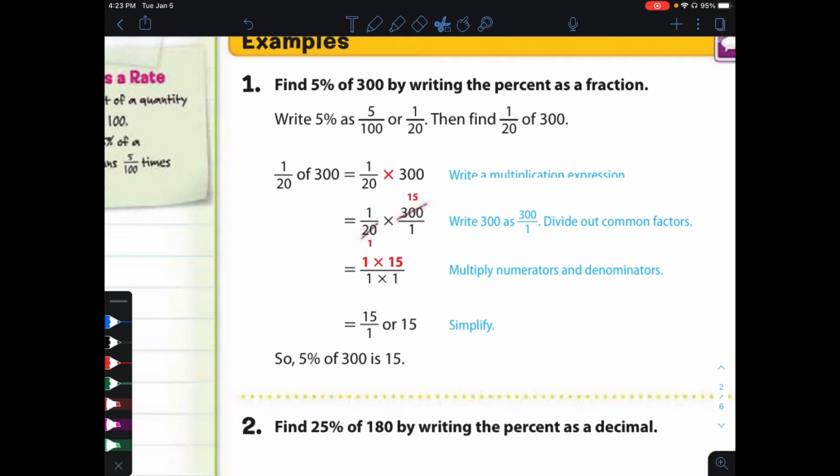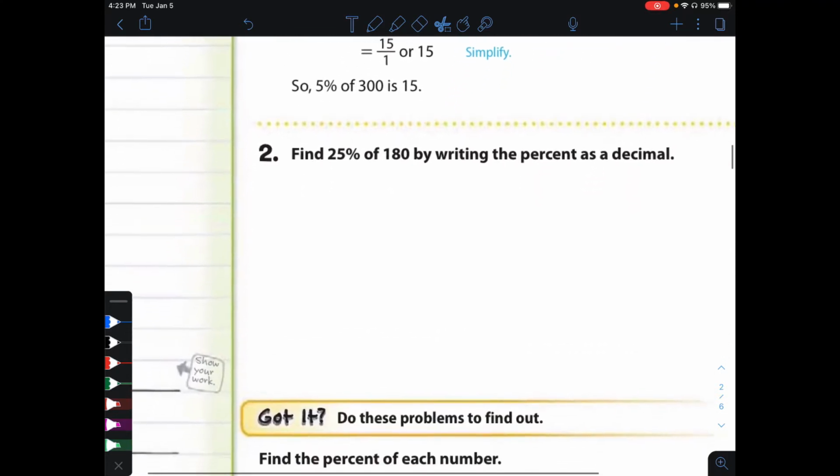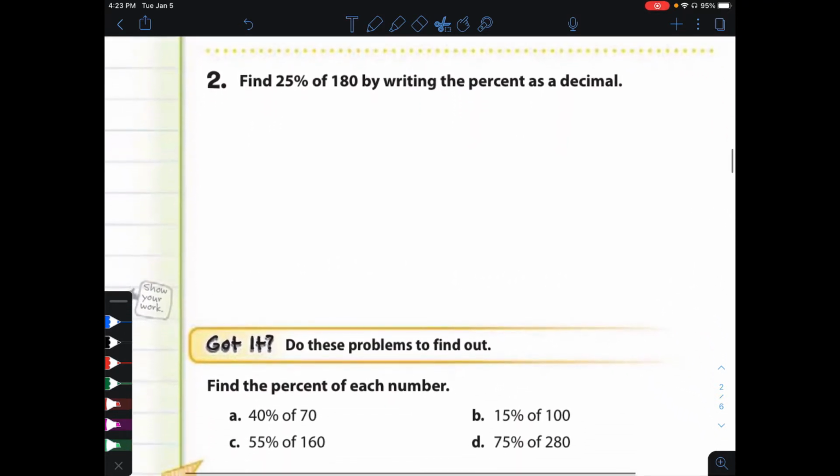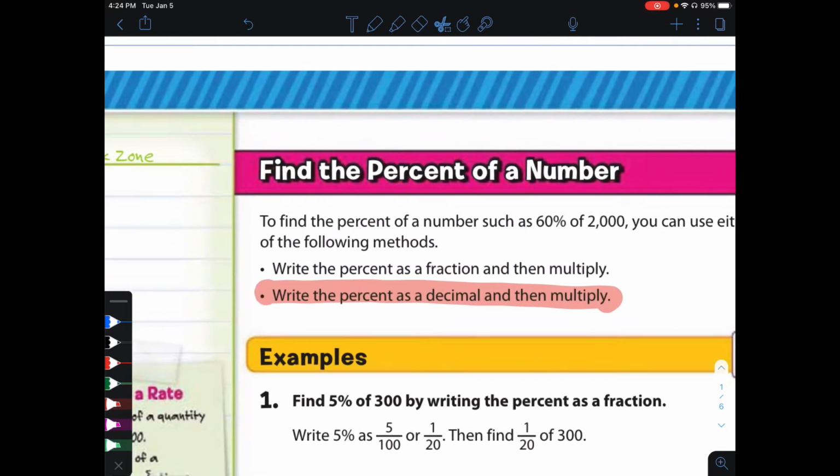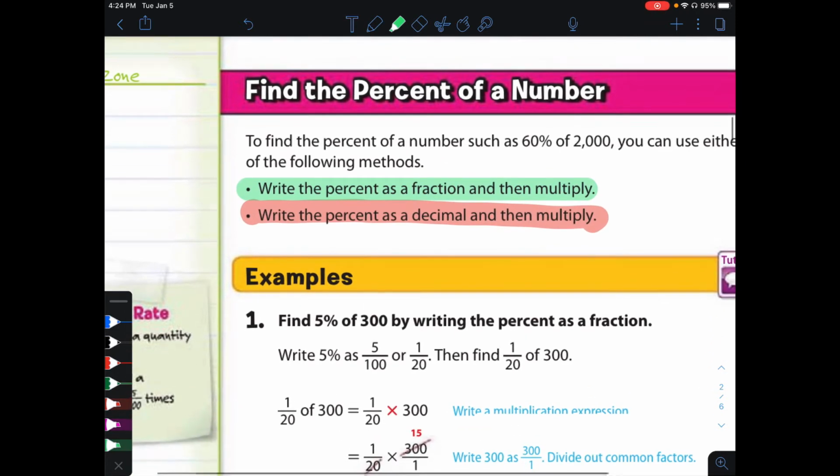Let's take a look at example number 2. We want to find 25% of 180 by writing the percent as a decimal. So this time we are going to use this method right here, write the percent as a decimal, then multiply.